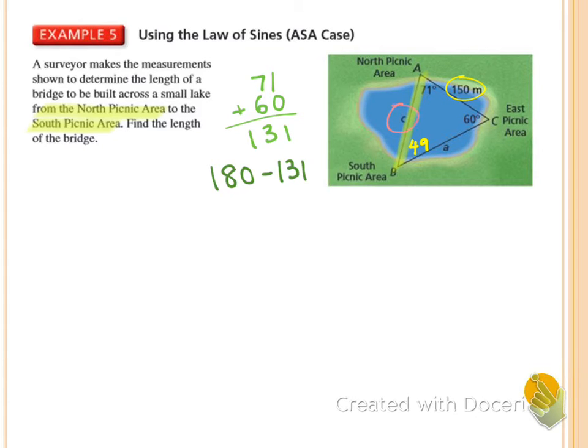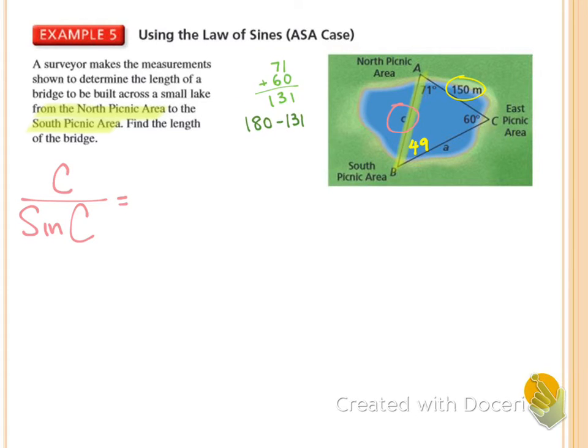So when we set up the law of sine, we're going to use side C, and we're going to put it over sine of angle C. And then we will set it equal. Which side will I put in the top? Side B, because 150 is across from B, over sine of angle B. You don't have to write this every time.